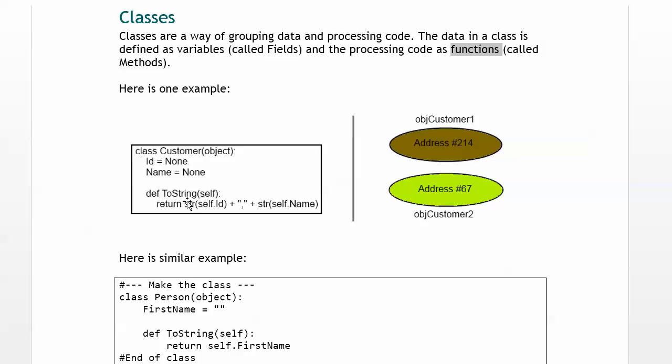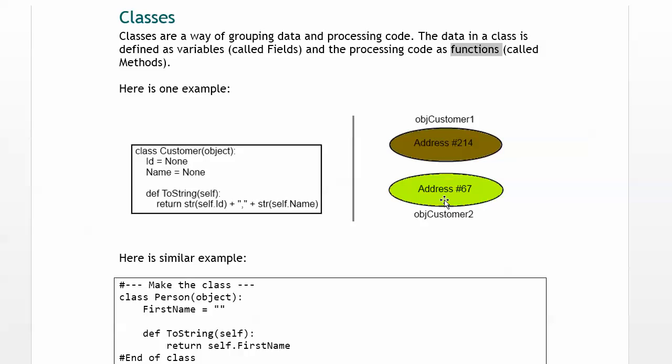If you then went ahead and made another customer object, it would be at a different address. Let's call it customer 2. Any ID and name you put in customer 1 would only be associated with address 214. Any ID and name that you put in customer 2 would only be associated with the address 67.